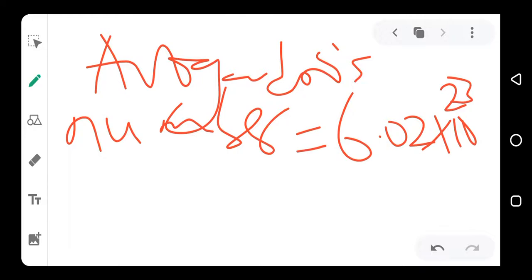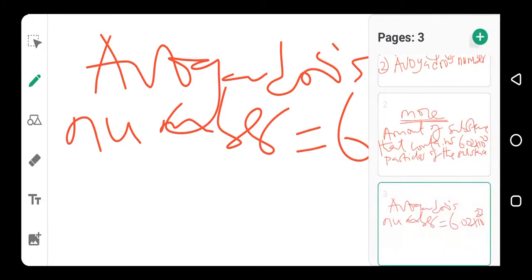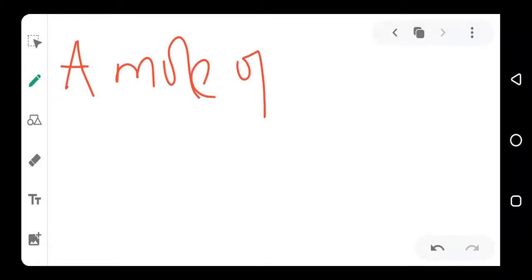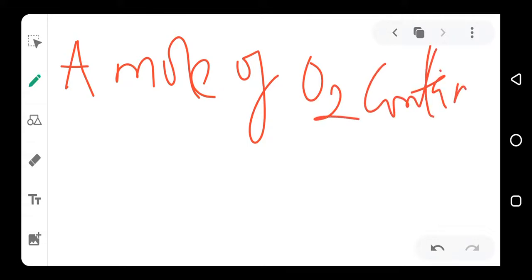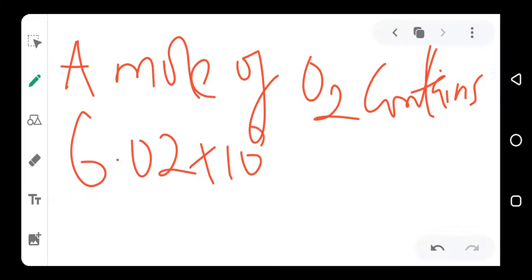Let's solve some examples. Before we solve examples, let's get this idea: having defined a mole as the amount of substance that contains 6.02 × 10^23 particles of a substance, it means that a mole of oxygen molecule contains 6.02 × 10^23.